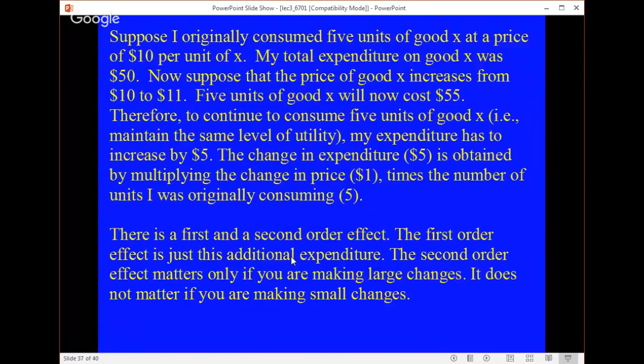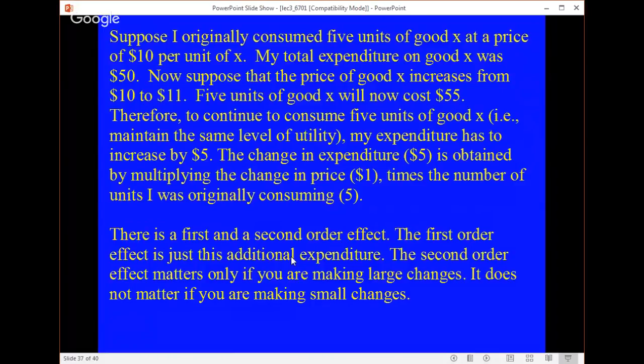Suppose originally I consume 5 units of X at a price of $10 per X, so my total expenditure is 50. Now suppose that the price of the good X increases from $10 to $11. So now I need $55. That means I need 5 extra dollars to consume the same amount.